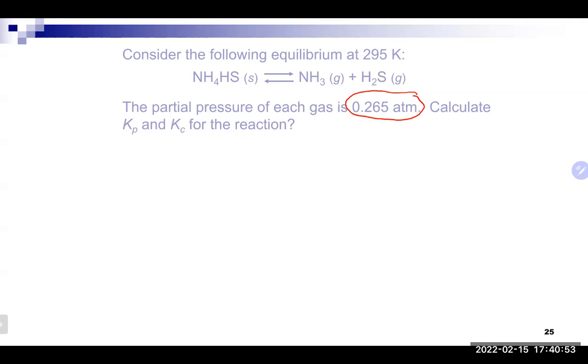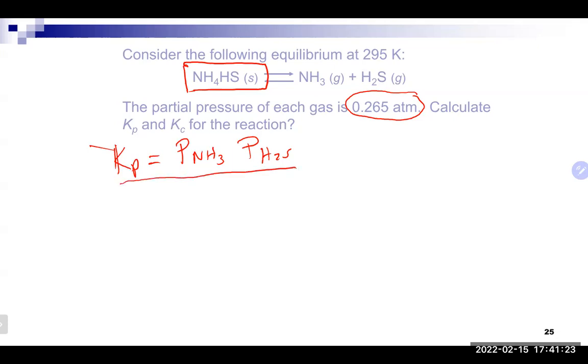So to write the Kp expression here, the Kp would be the partial pressure in this case of NH3 times the partial pressure of H2S, which is also a gas. And in this case, would we include this here? We wouldn't, as it is a solid, so we would not want to include it in our Kp expression.